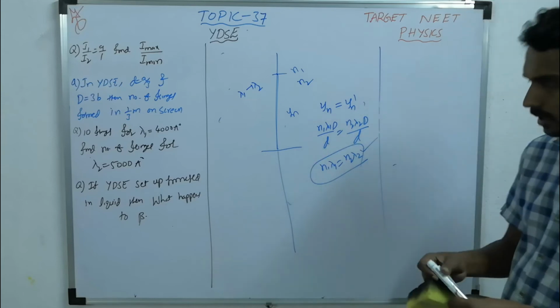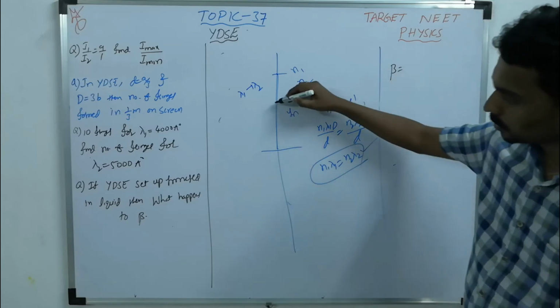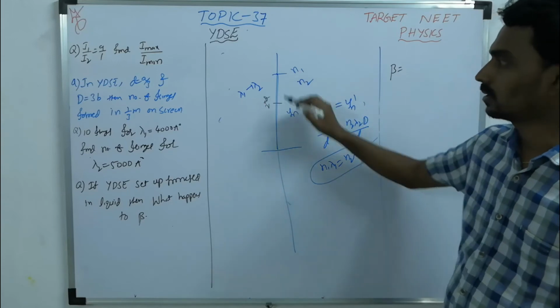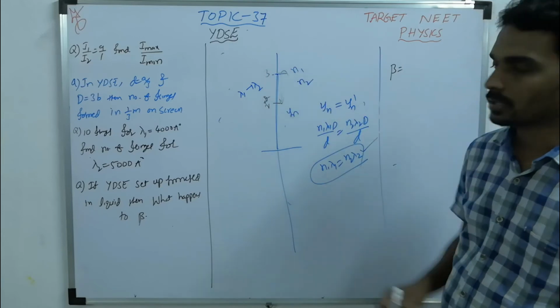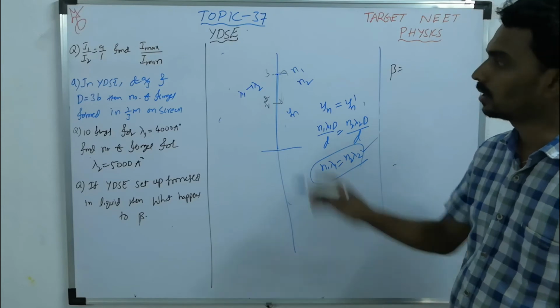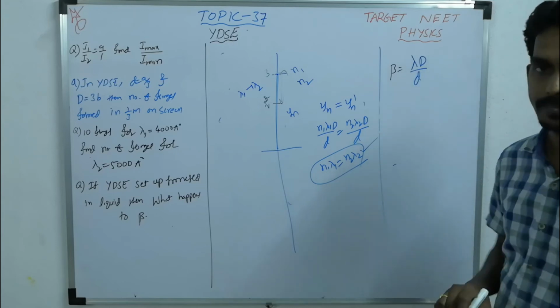Sometimes they will also ask about fringe width. What is fringe width? Suppose this is the first, second, and third bright fringe; the distance between successive bright fringes or dark fringes is called the fringe width, that is lambda D by d.